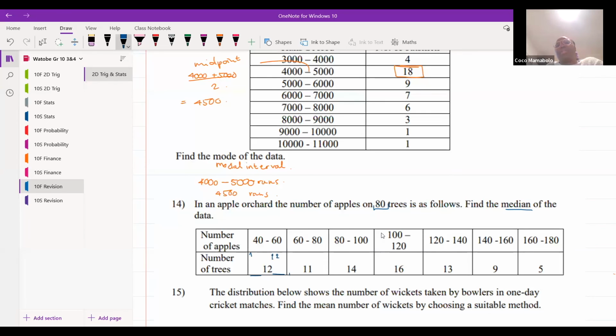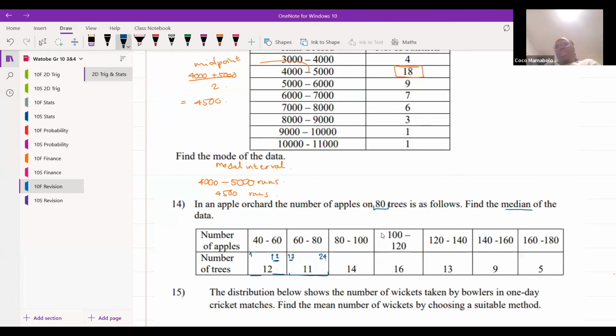Now this 11 tells me that the 11 trees afterwards, what positions would these trees be in? The first one would be in the 13th position, because this one ended on the 12th position. And 11 trees later, which position would I be at?